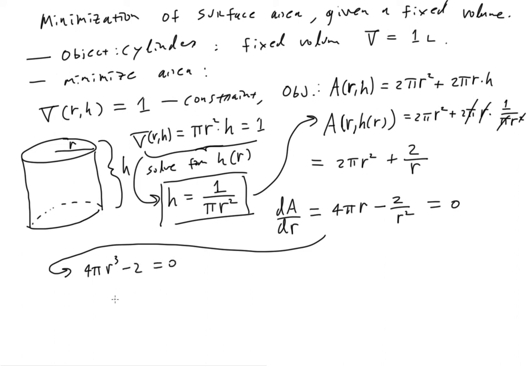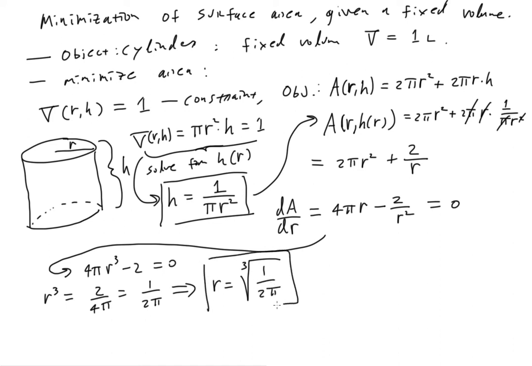And then what we'll do is say that r cubed is equal to 2 over 4 pi, otherwise known as 1 over 2 pi. And then we can get r is equal to the cube root of 1 over 2 pi. Okay, great. We have that value there.